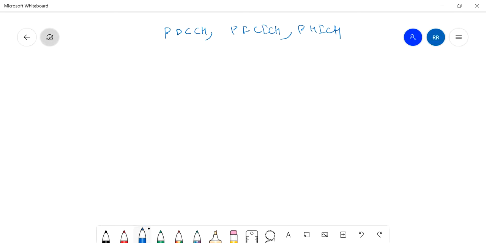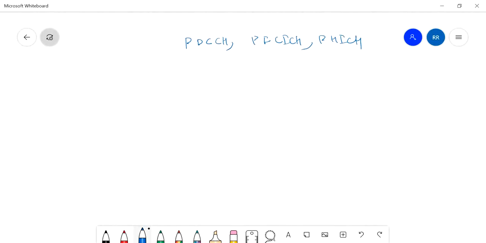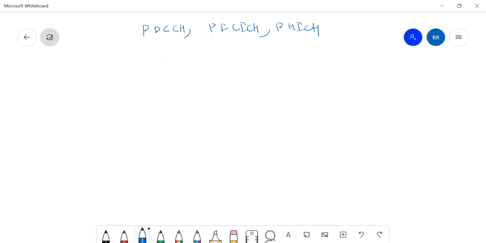Let's draw the resource grid again to show these channels. I need not draw the complete 10 now. Let me enlarge the first subframe only so that you can understand it better.